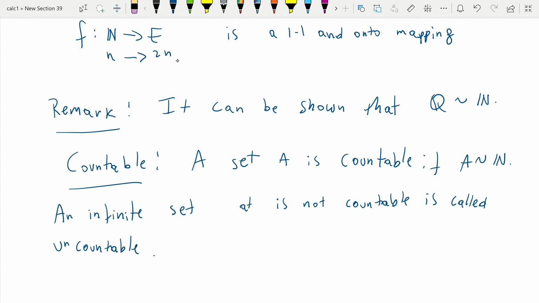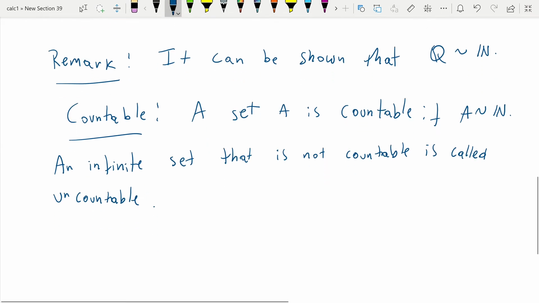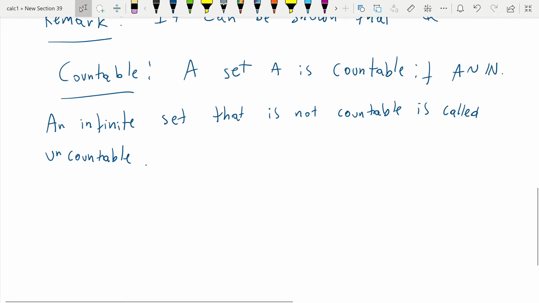There's a dichotomy, right? Either you can count the elements or you cannot, and if it's infinite, that means that the set is uncountable.